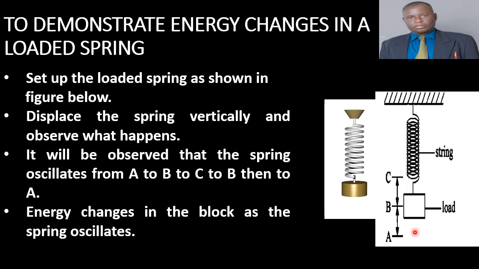When you pull it and give it a displacement, you are giving it a form of energy which is going to be changing from point A to point B. At point A, it will have maximum potential energy, and that potential energy will go back to kinetic, so that at B it has its maximum kinetic energy, and then again potential energy at C. So the energy changes that take place in the spring: you give it a displacement and it oscillates up and down.